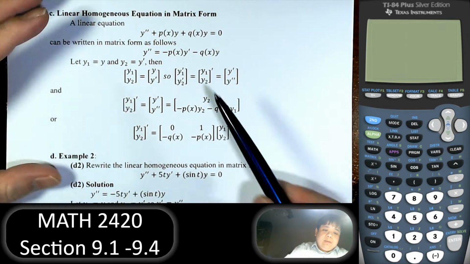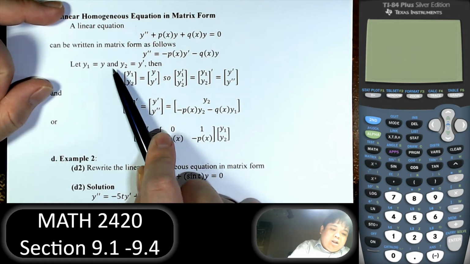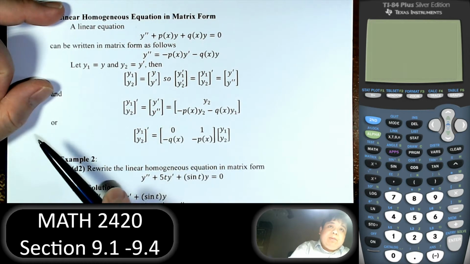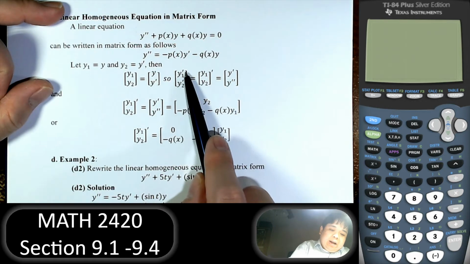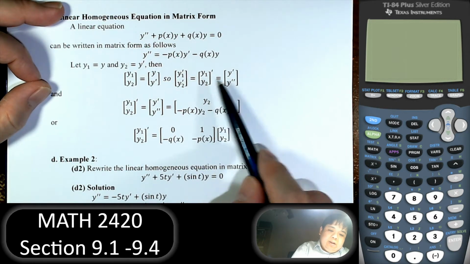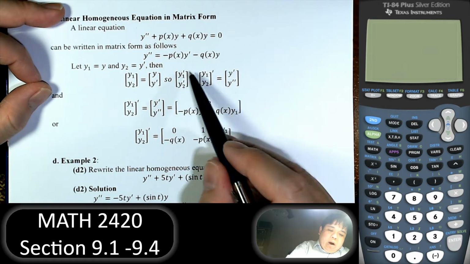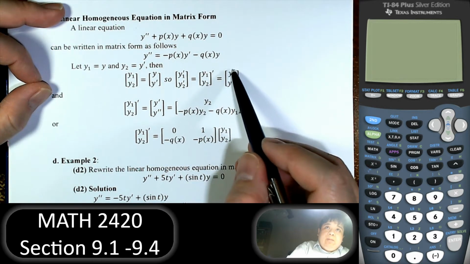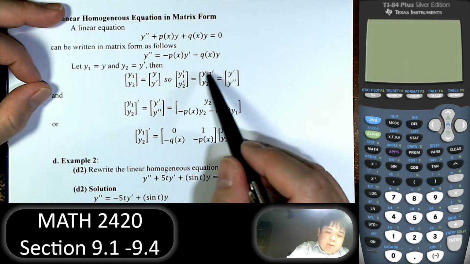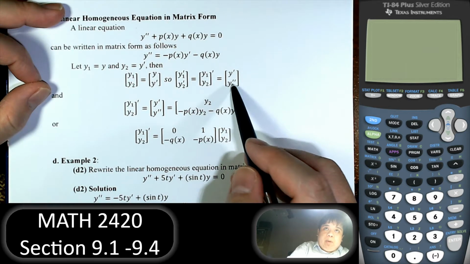Right? So keep that in the back pocket. Now if we let y1 equal to y, y2 equal to y prime, then if we take the derivative, the derivative of y1 is y prime, and the derivative of y2 is y double prime.